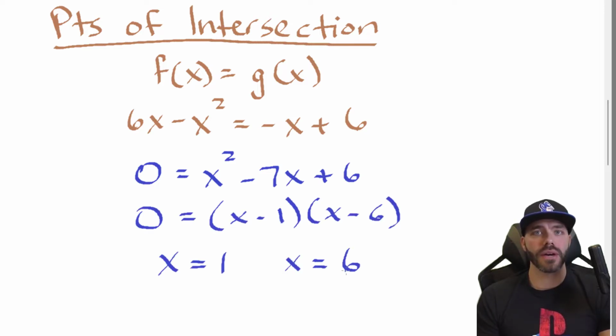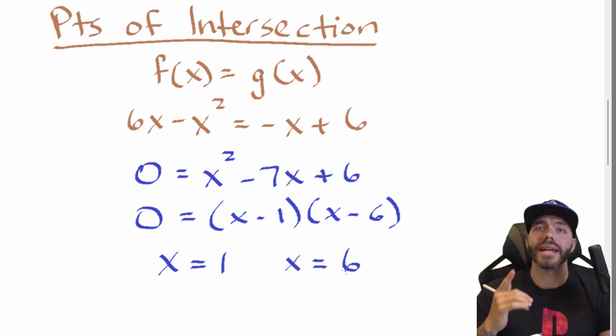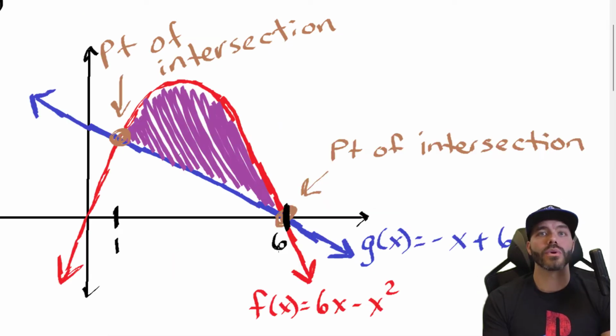All right, there we go. f of x equals g of x. We set the two functions equal to each other and we solved. It turned out to be a quadratic that could be factored. And so the points of intersection are at x equals 1 and x equals 6. So let's go back to our picture and let's label that. We're going to integrate from 1 to 6.